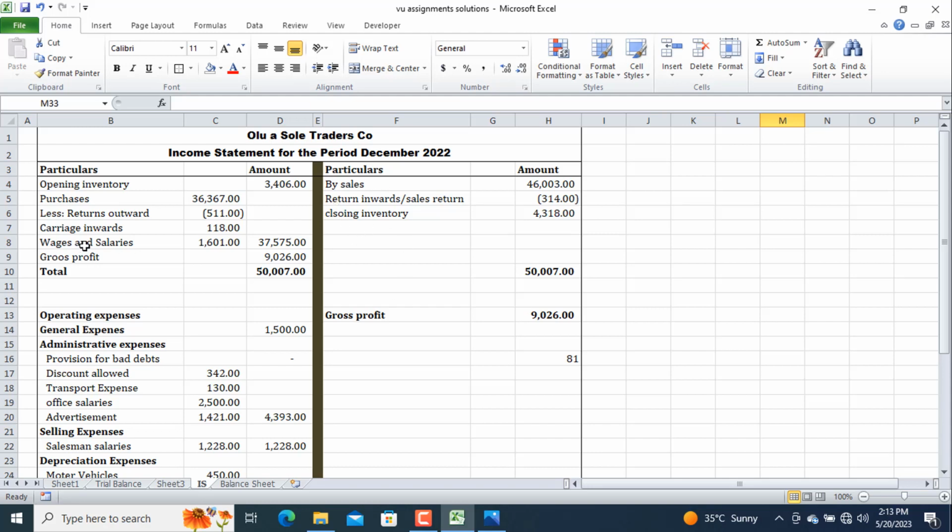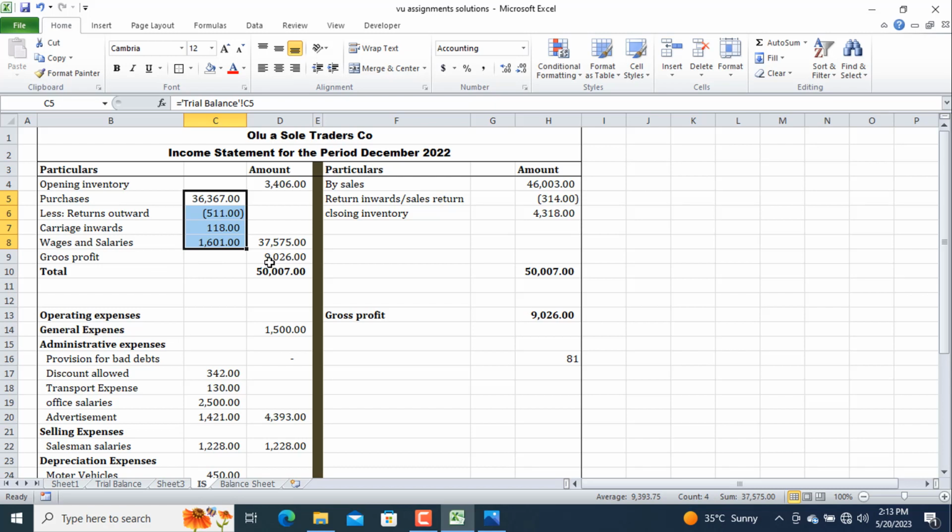Opening inventory is given 3,406, purchases 36,367, less returns outward 5,000. It means we are going to make purchases return, it is always less. Carriage inwards 118, wages and salaries 1,601. So we make all this here, inner column to outer column. This is equal to 37,575.